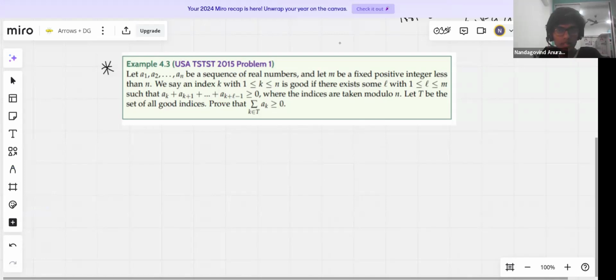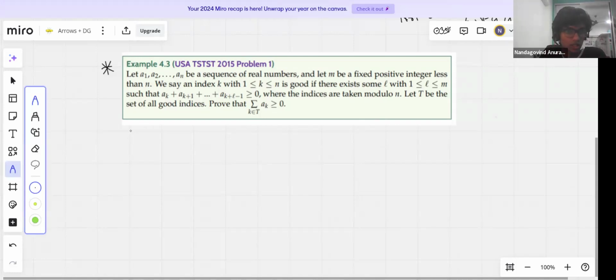A1 to AN. Okay, question one. What if m equals 1?